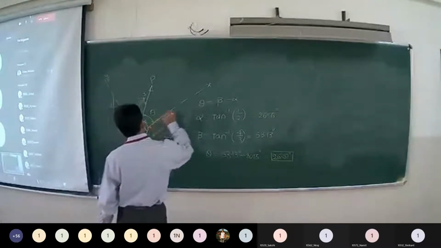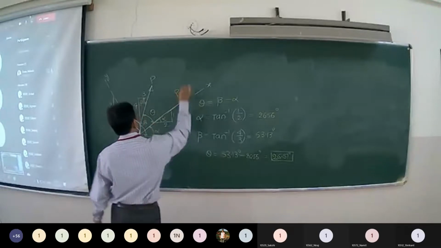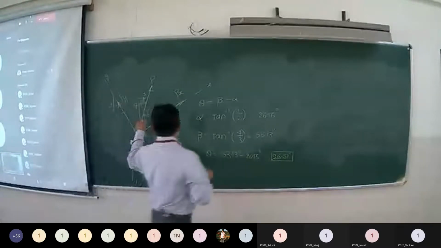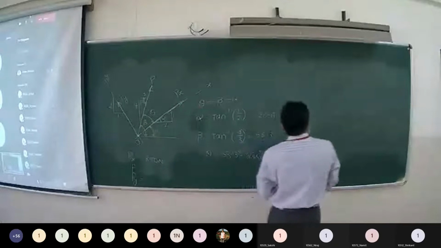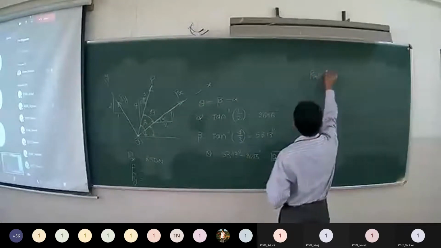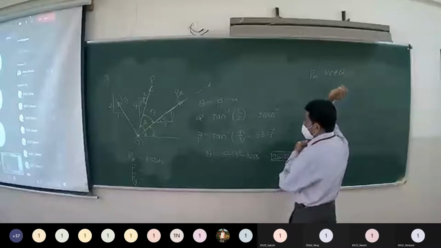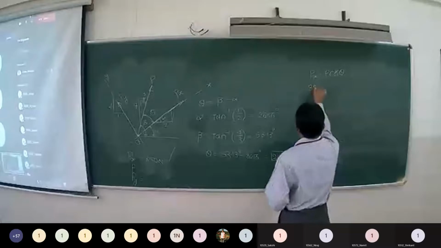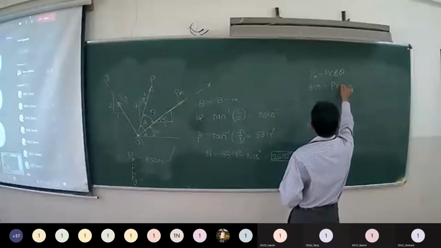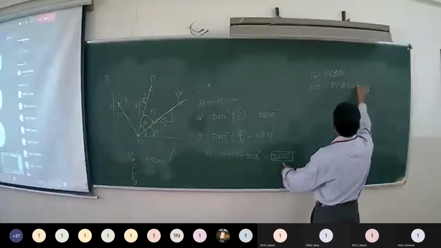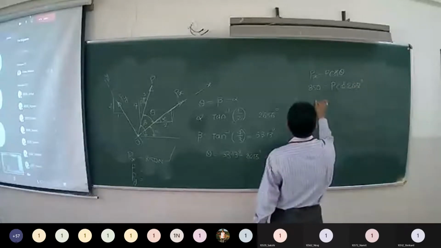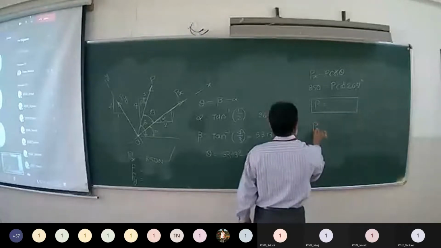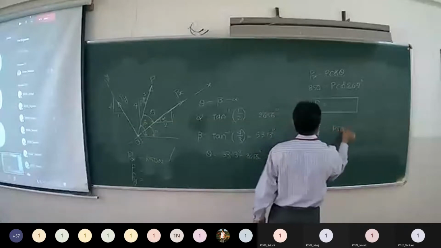Now you can have this x component of P, say Px, and y component Py. P is making an angle theta with respect to x. So Px is equal to P cos theta. But it is given Px is equal to 850 Newton, which is equal to P cos 26.57. That gives you the magnitude of force P. And the vertical component Py is P sin theta.